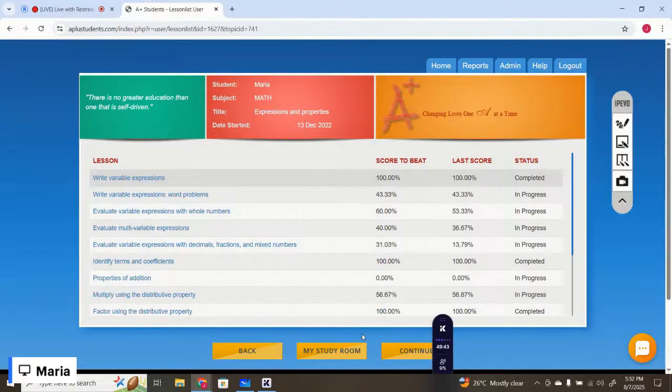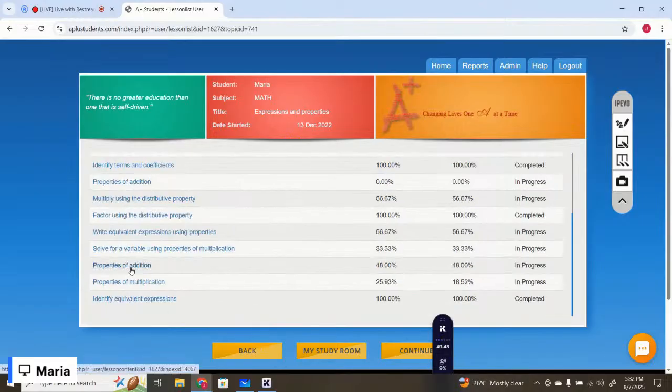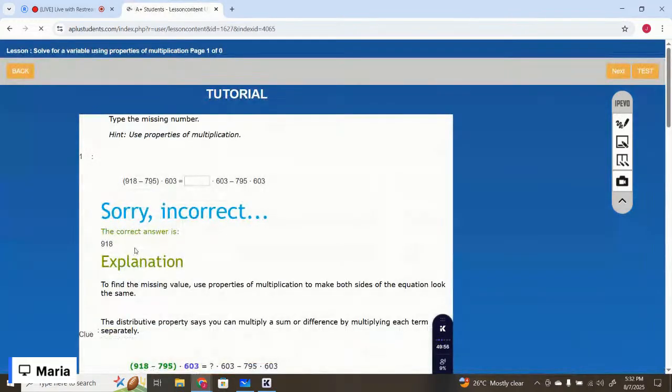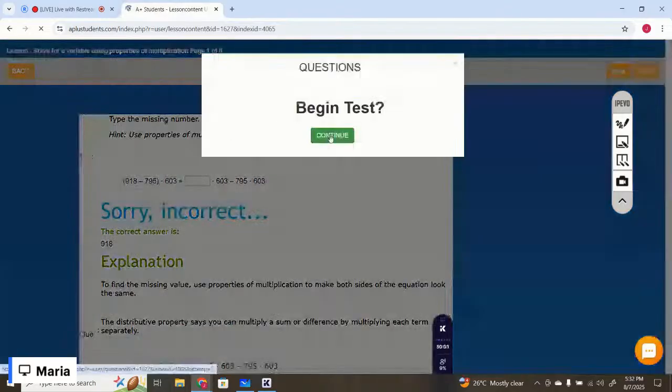Okay, the next lesson is solve for a variable using properties of multiplication. Okay, I'm going to start with the test questions.